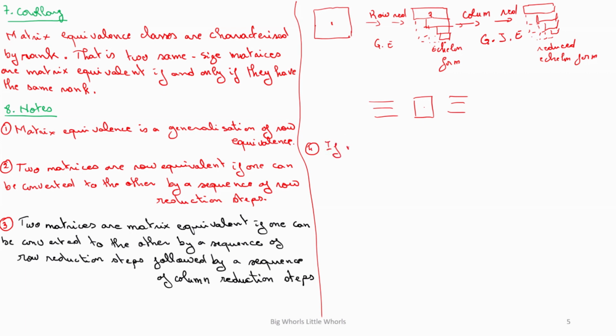If matrices are row equivalent, then they are also matrix equivalent. Of course, because matrix equivalence is made of row reductions followed by column reductions, so row reductions are included in matrix equivalence.